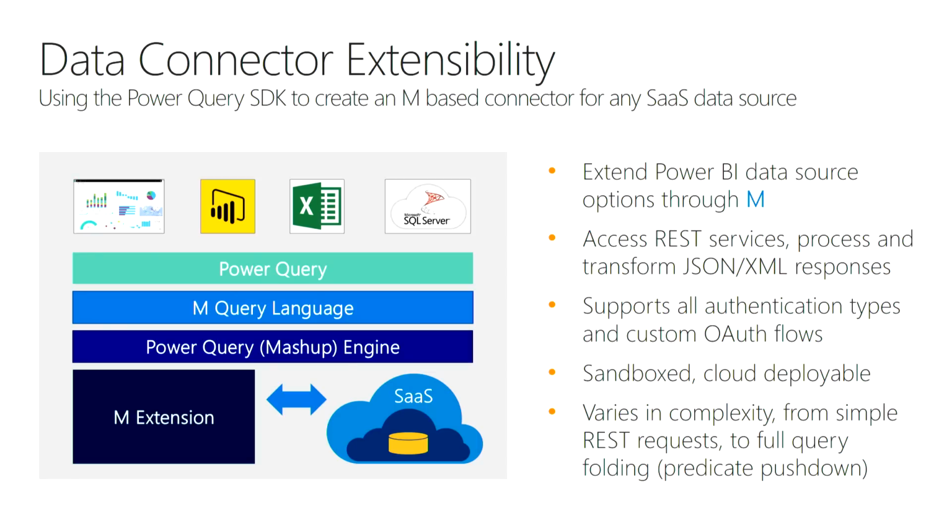And one of the things I love about M and the extensibility mechanism that we have is that it gets incrementally more feature-rich. I don't want to say difficult. It gets more feature-rich as you go. So you can create a really simple connector that just connects to a site, returns it as JSON, but you can incrementally add more capabilities, like a navigation table, like passing down parameters and filters.